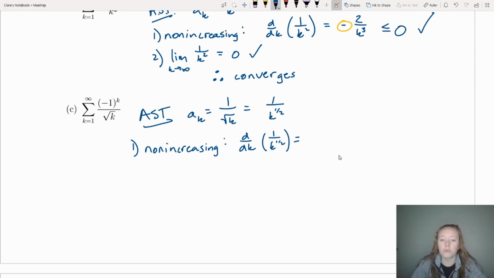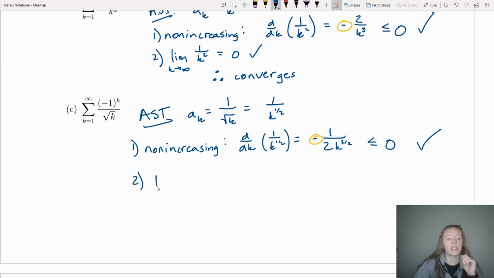So k to the negative 1/2, dropping that negative 1/2 down in front, and then decreasing my exponent by 1, this is going to be negative 1/2 k to the negative 3/2, or negative 1 over 2k to the 3/2, which we can see, again, let's go ahead and circle it, is a negative number. So we know that this is less than or equal to 0 because it's negative. Therefore, since the derivative is negative, we're non-increasing.